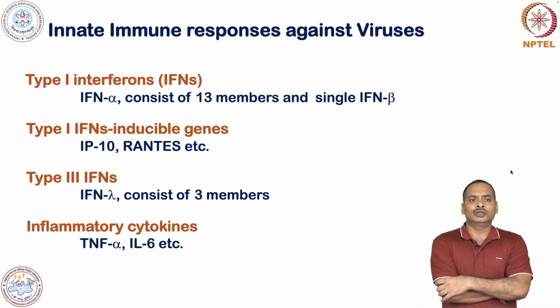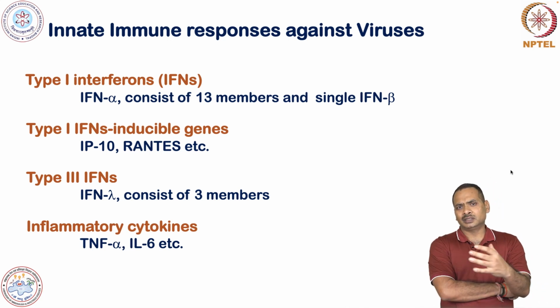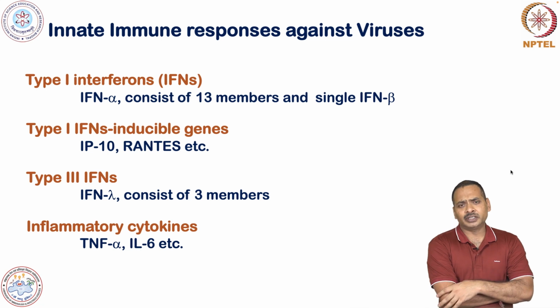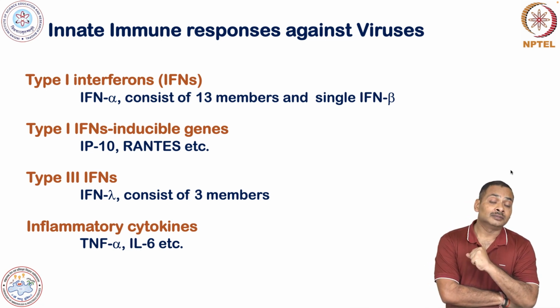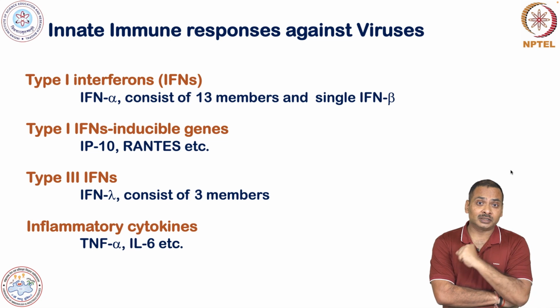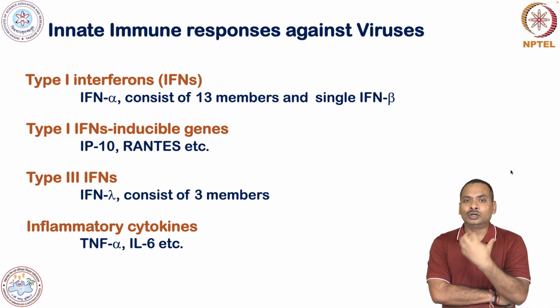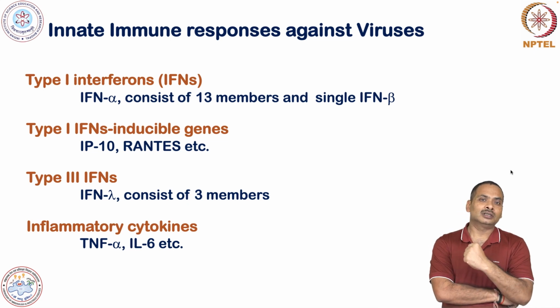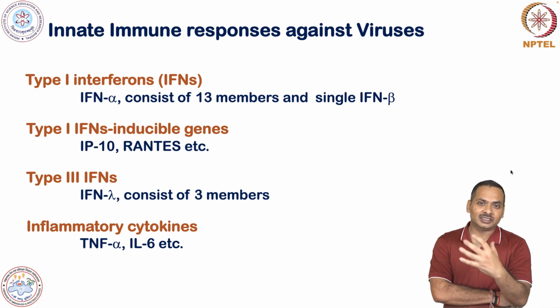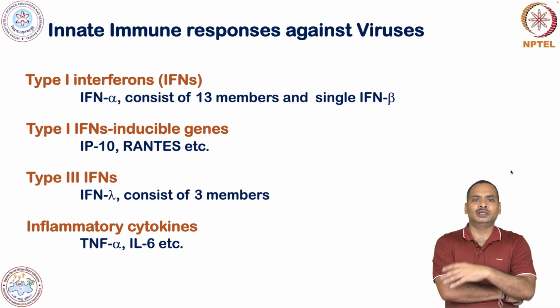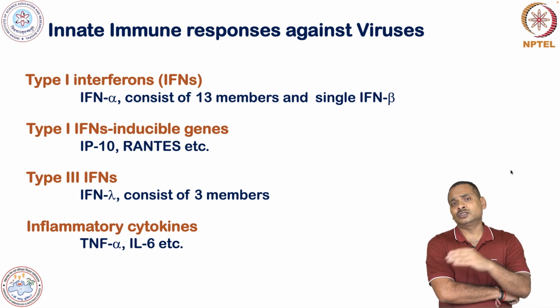So you know that type 1 interferon is checking the viral replication, and inflammatory cytokines are a kind of alarm system in the body. They are produced and then trigger the alarm in order to recruit more professional killer cells at the site of infection.